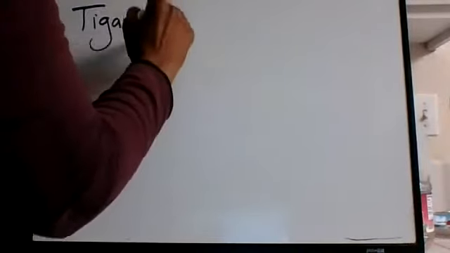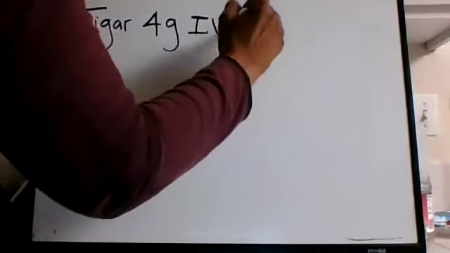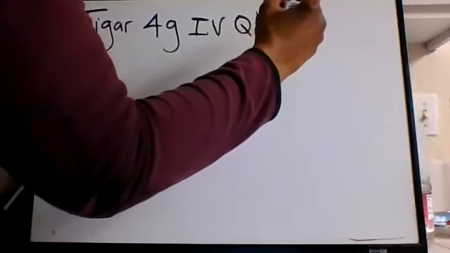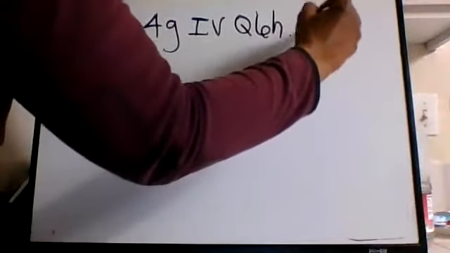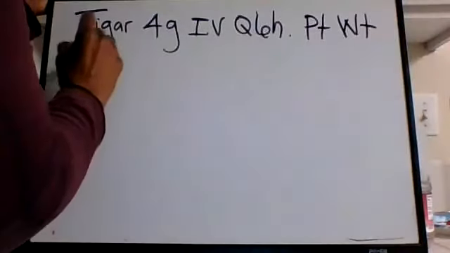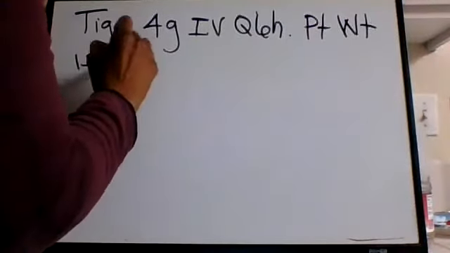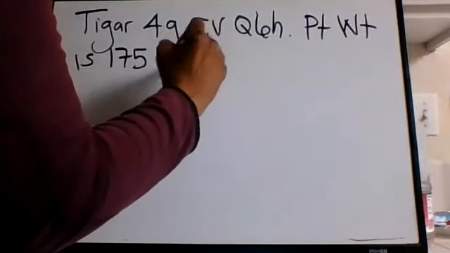Last one. The medication is Tiger, 4 grams IV every 6 hours. Patient's weight is 175 pounds. Okay.